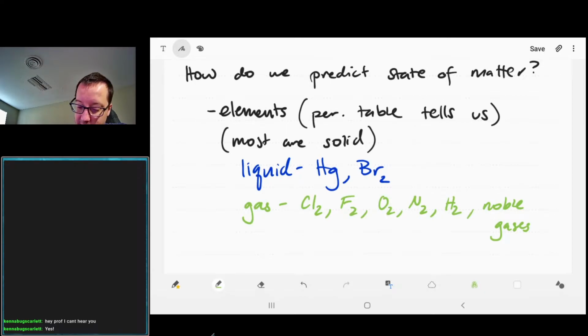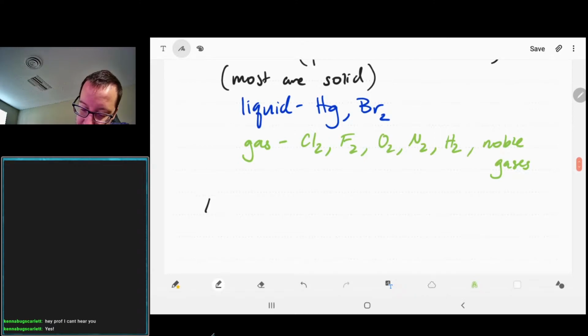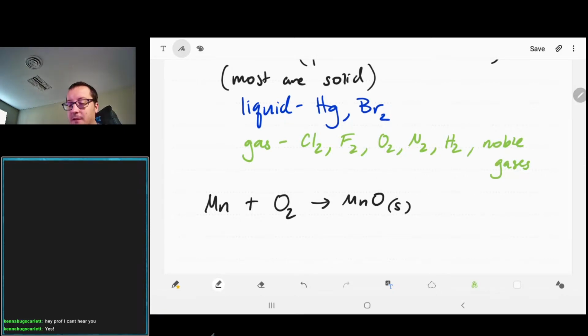So if we were to take a look at that reaction we did before, these two are elements by themselves.